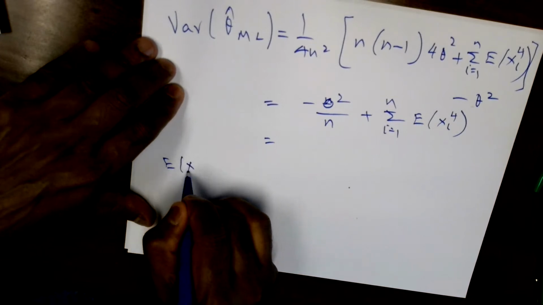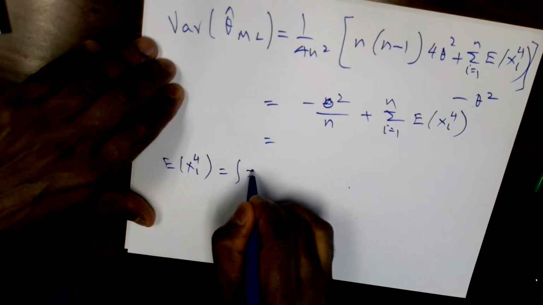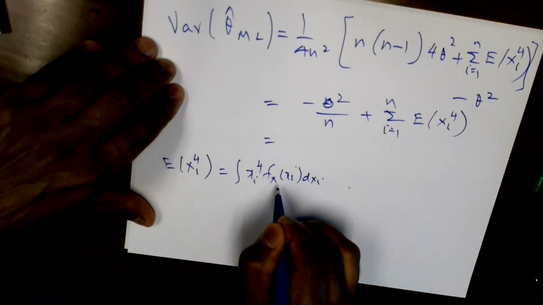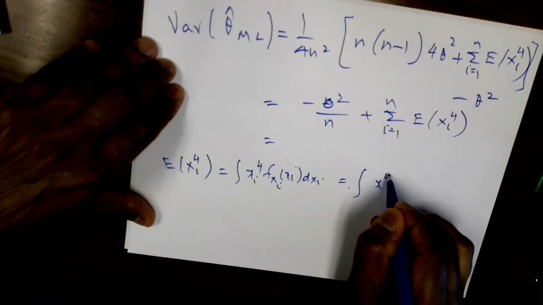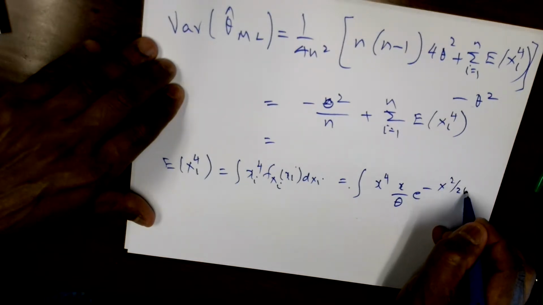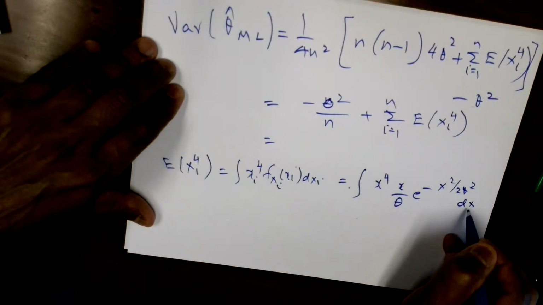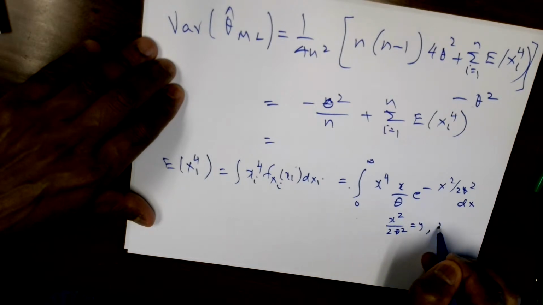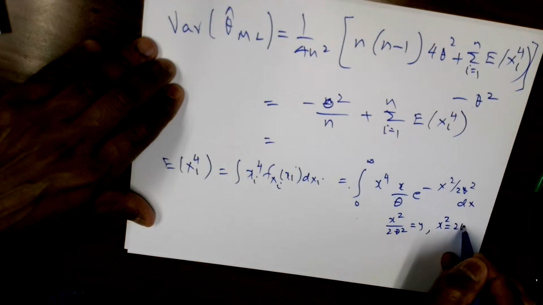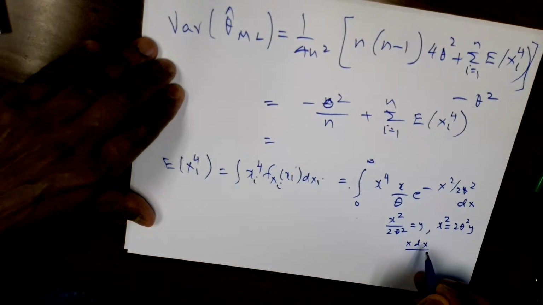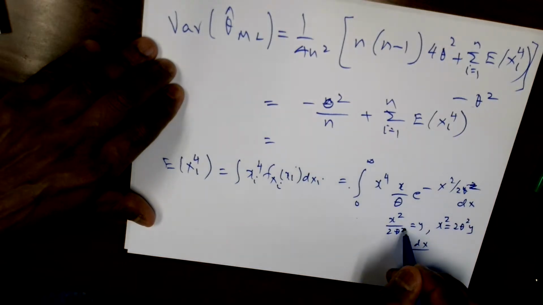The expected value of xi to the power 4 is the integral of x to the power 4 times f of xi dxi. So that's x to the 4, then x over theta as before, e raised to minus x squared over 2 theta, dx, from 0 to infinity. With the same substitution, I'm going to put x squared over 2 theta to be y, so that x squared is 2 theta y, and x dx over theta is dy.